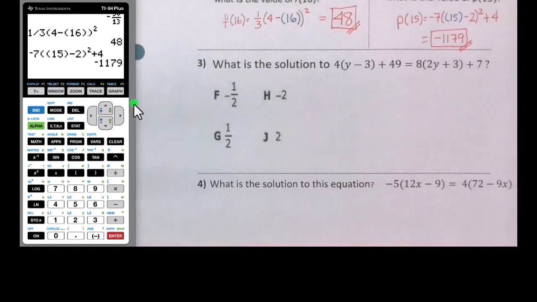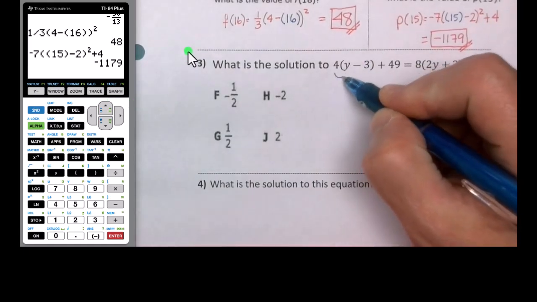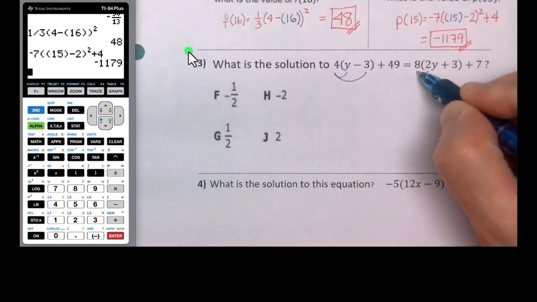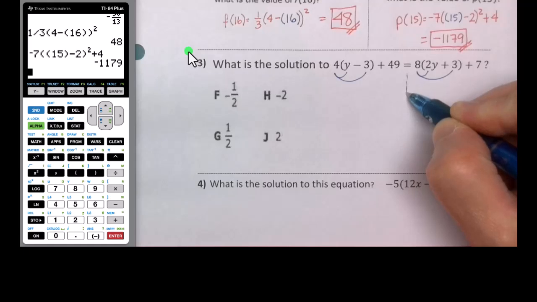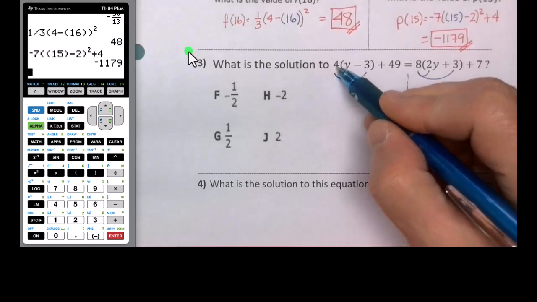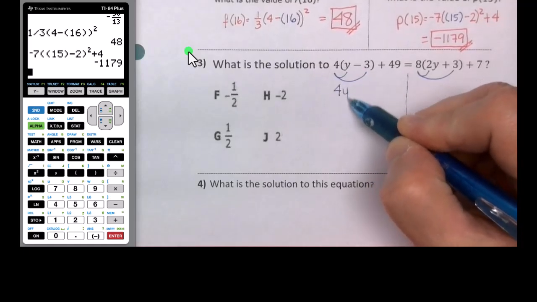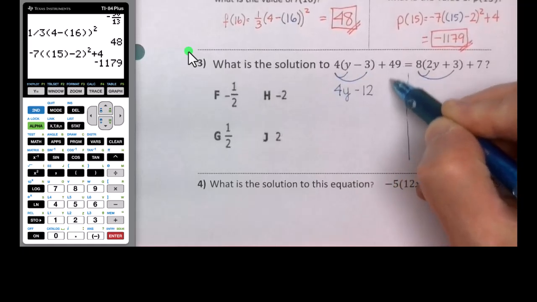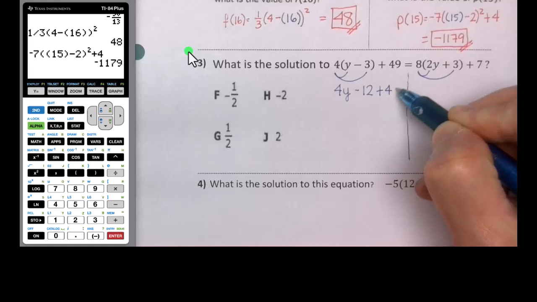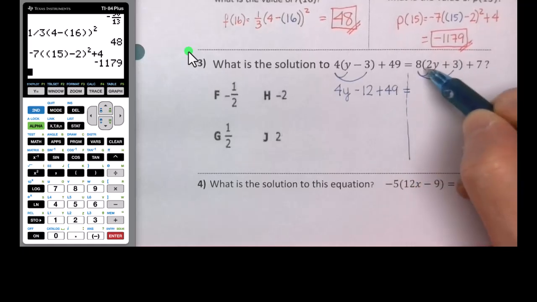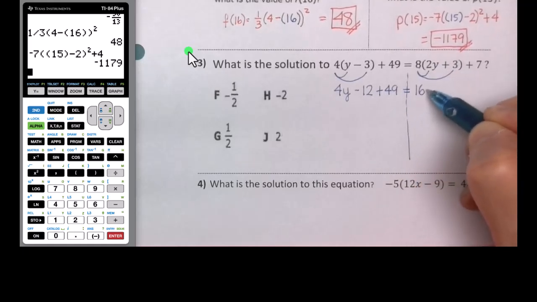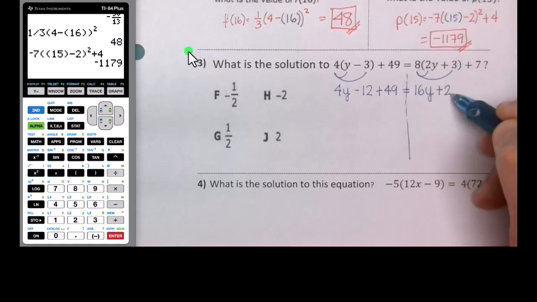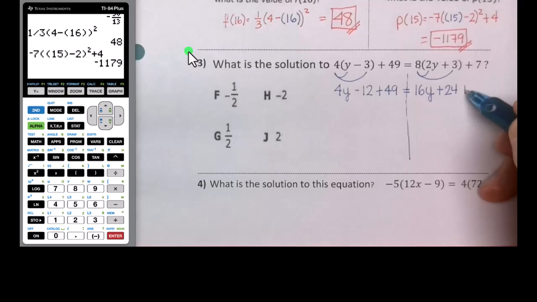The next problem, we have 4 times y, 4 times 3, 8 times 2, 8 times 3, and we're going to draw the border. 4 times y is 4y, 4 times negative 3 is negative 12. Bring down the 49, equals 8 times 2 is 16y, 8 times 3 is 24, and we bring down the 7.